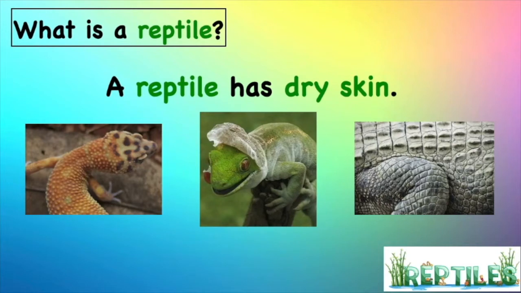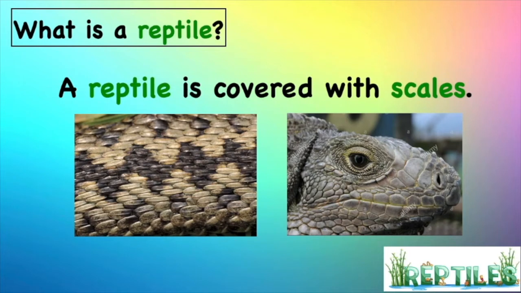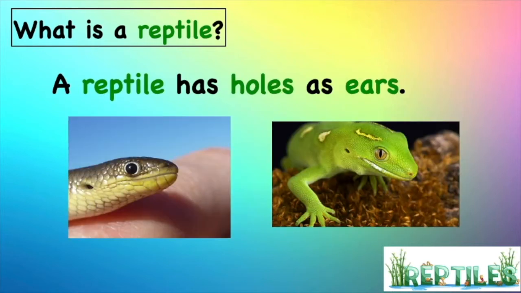Again, what is a reptile? A reptile is an animal that has dry skin. Also, a reptile is covered with scales. A reptile has holes as ears, or we can say ear holes.